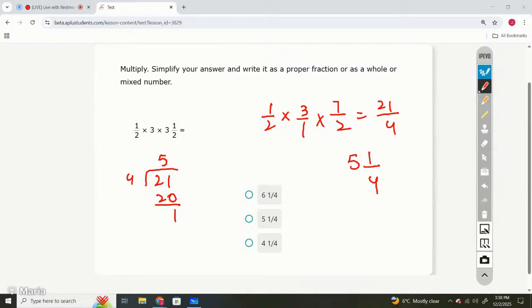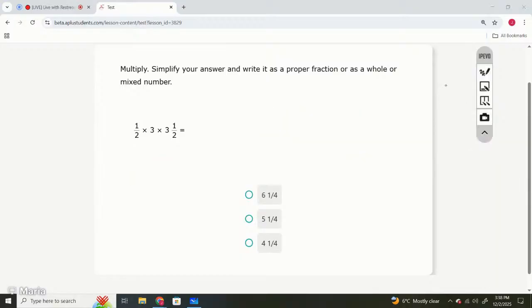That is 5 whole 1 by 4. That is 5 whole 1 by 4. Option number 2 is the correct option.